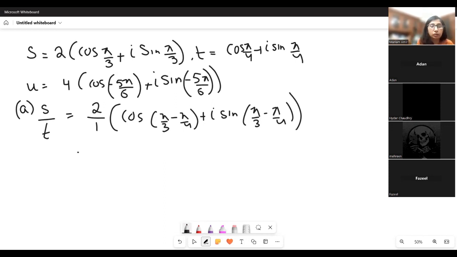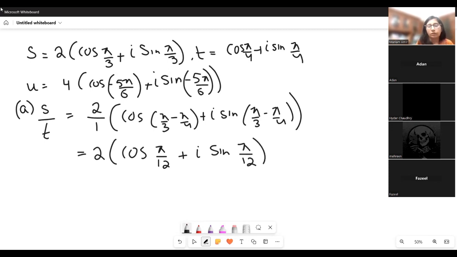So we get 2 times cos pi by 12 plus iota sine pi by 12. Is this between pi and minus pi? Yes, it is. Dividing pi into 12 parts, it is definitely between 0 and pi. Okay, this was part B.